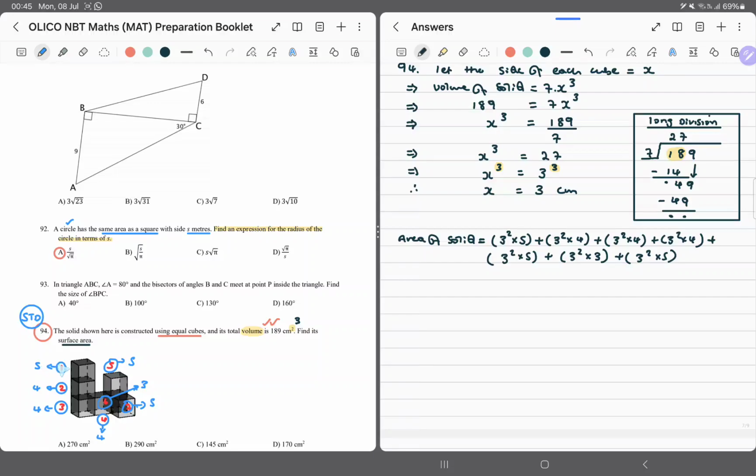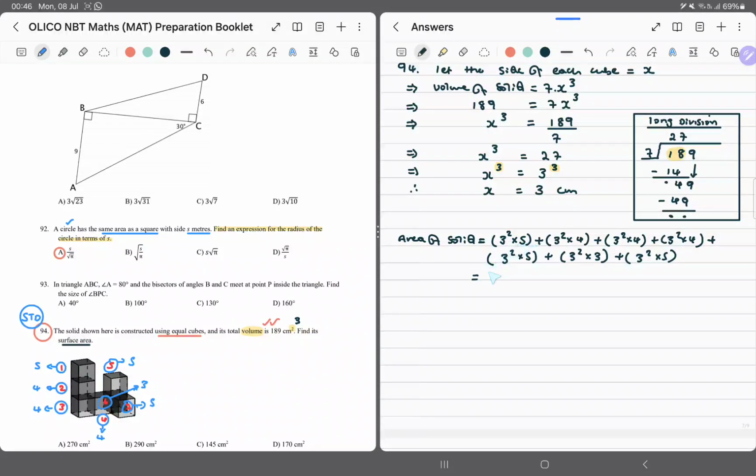So how many are these? 1, 2, 3, 4, 5, 6, 7. Everything looks okay so far. Let's just keep going and simplify here.